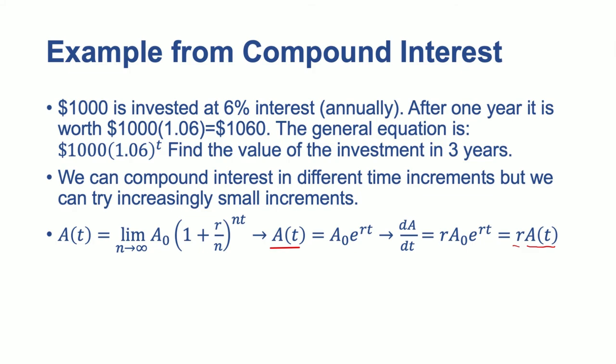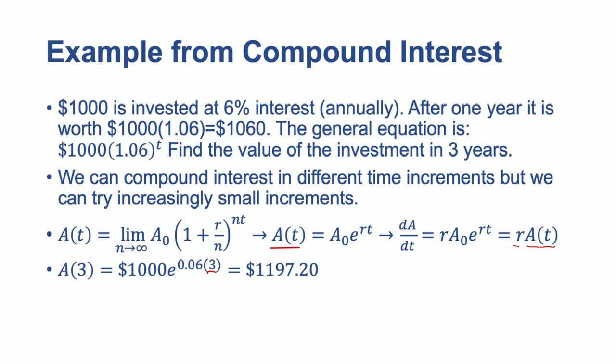Okay, so now let's use this to solve our problem. We are going to need to find A of 3. We're just going to say $1,000 times e to the 0.06 times 3, our time variable, and that is going to be equal to $1,197.20. And that is our third example, I'm pretty sure.